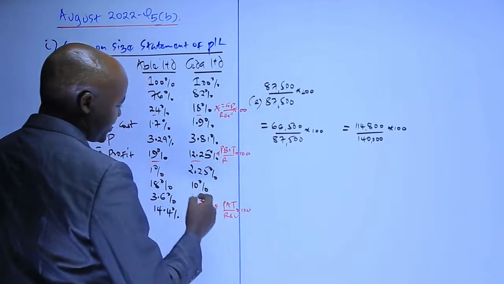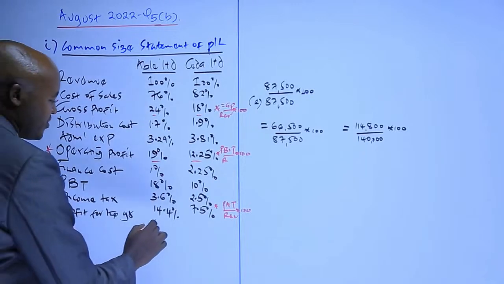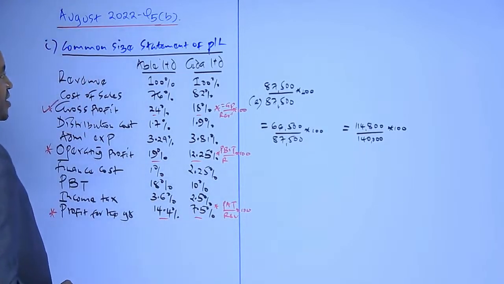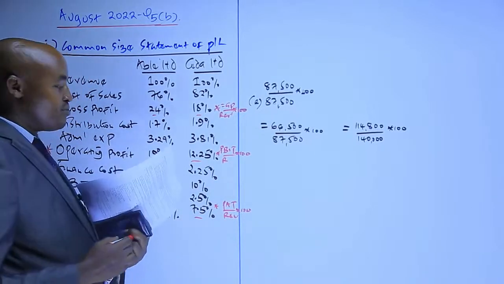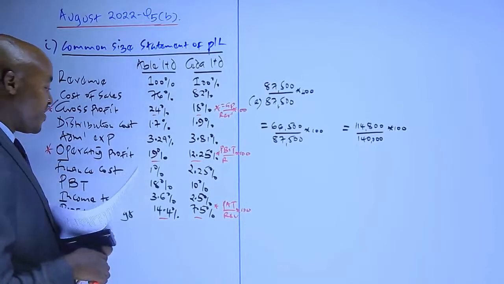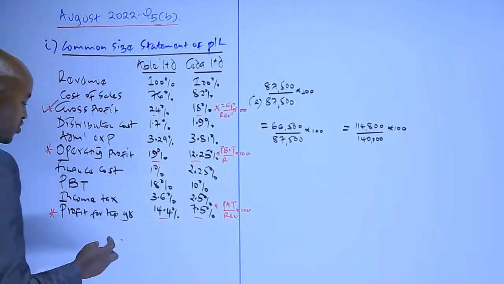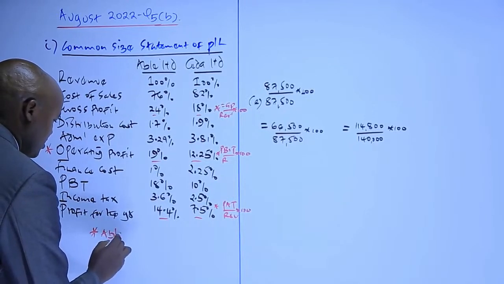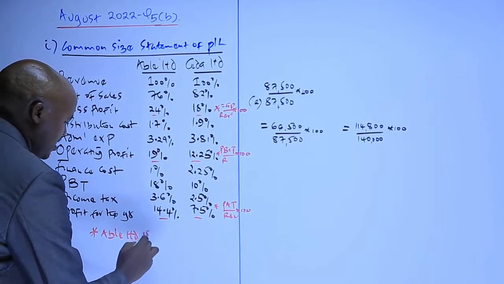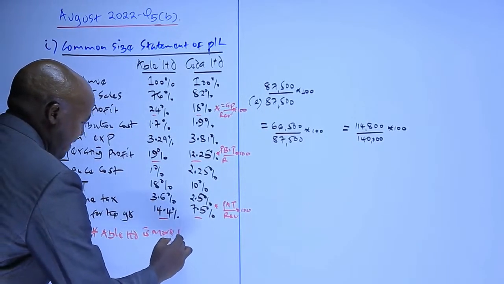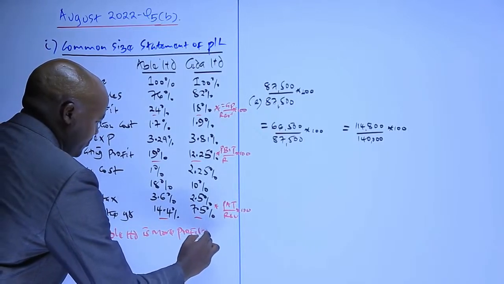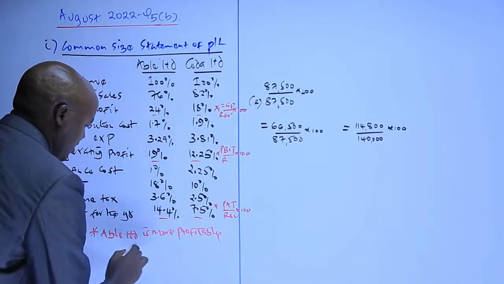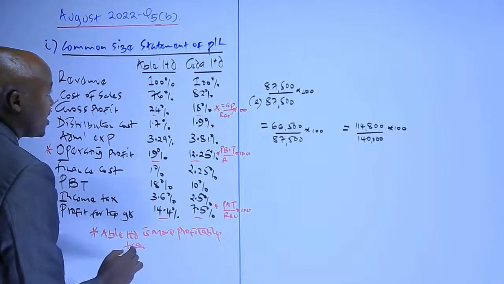This is what we refer to as net profit margin. Equally, going with that, we can see that Able is more profitable than Cedar. In fact, we can make the conclusion here that Able Limited is more profitable than Cedar Limited.